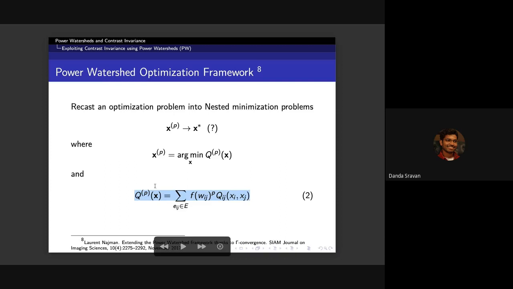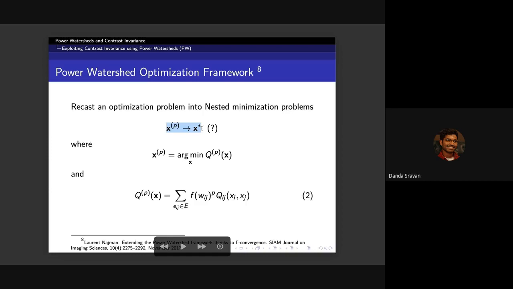Instead of trying to find the minimizer of a particular element in this sequence, I want to investigate what happens in the limiting case. Meaning, if x superscript p is the minimizer of cost function q superscript p, I want to find out what the limit of these minimizers gives rise to.